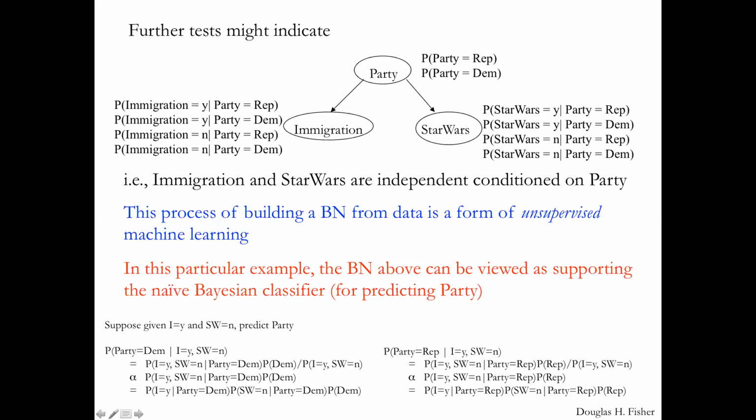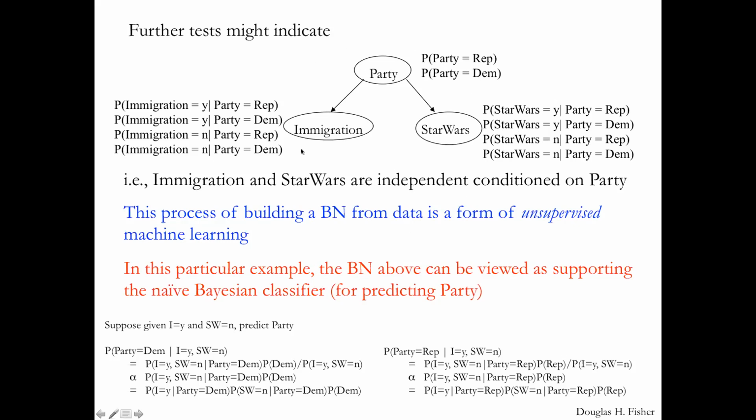We made an assumption up front that immigration was independent of Star Wars given party, and immigration was independent of the crime bill given party. We made those assumptions. We're not making those assumptions here a priori. Any conclusion that we're coming to about conditional independence is derived from the data exclusively in an unsupervised method.